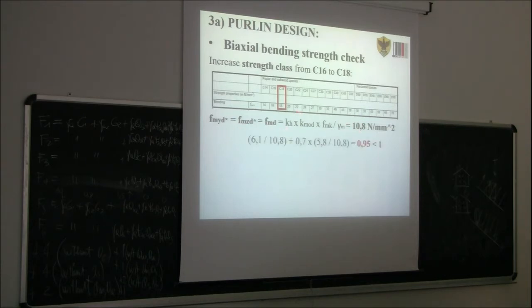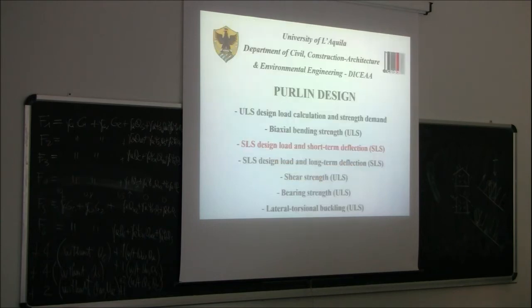And we see that by moving from C16 to C18, the check is now satisfied because we move from 1.05 to 0.95, which is less than 1. Both of them are satisfied, and so we have found the solution: keeping the same cross section, increasing the strength class. Okay?